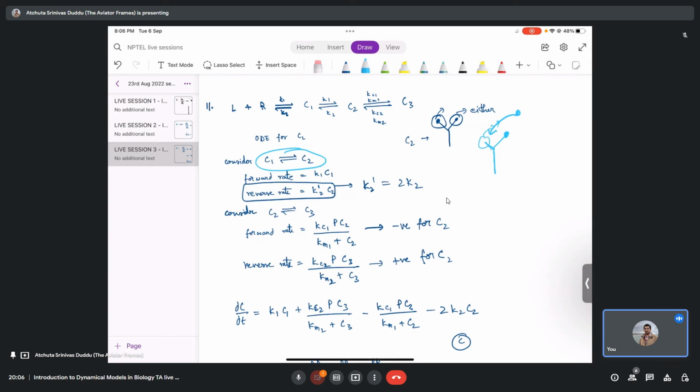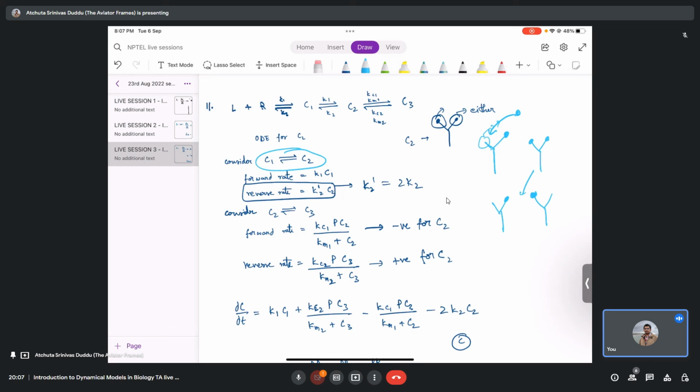But for C2, there are already two binding sites occupied, and either could be possible. It could be either this or this. Both of them are possible. So you have to double the rate.